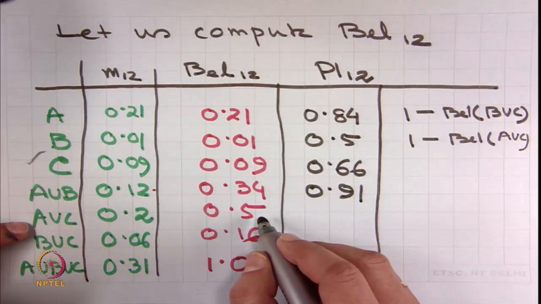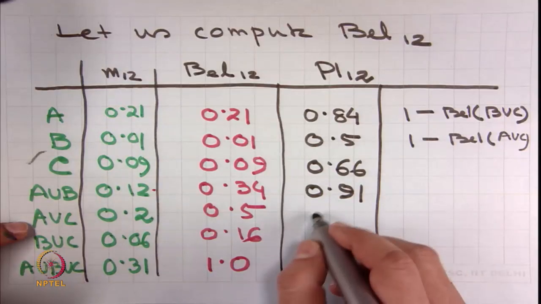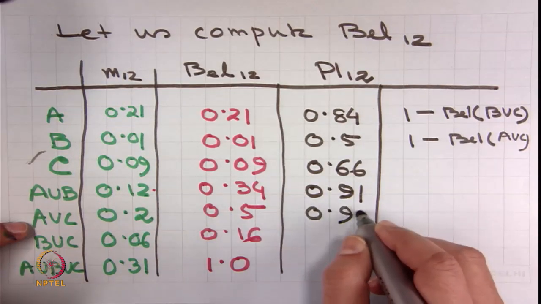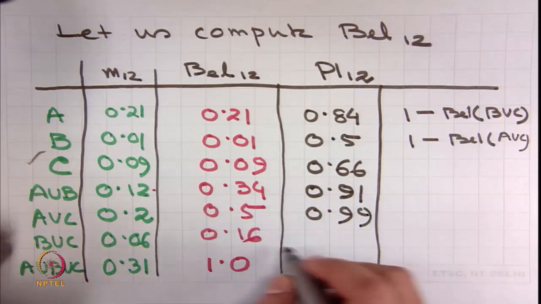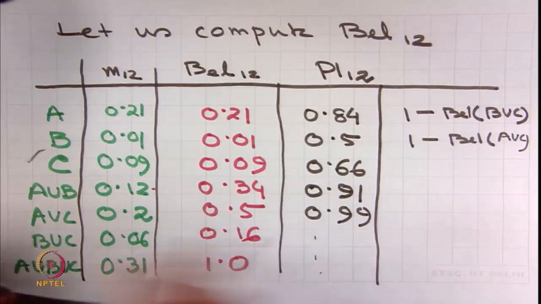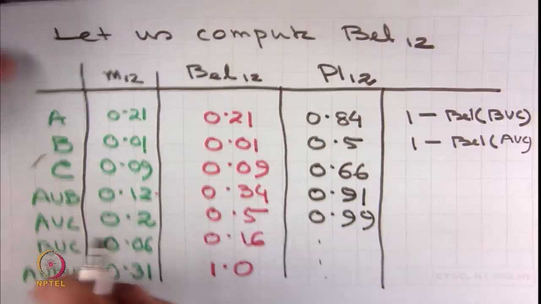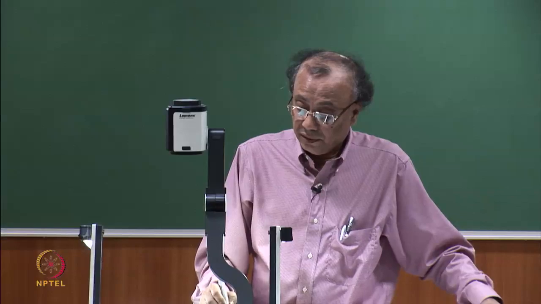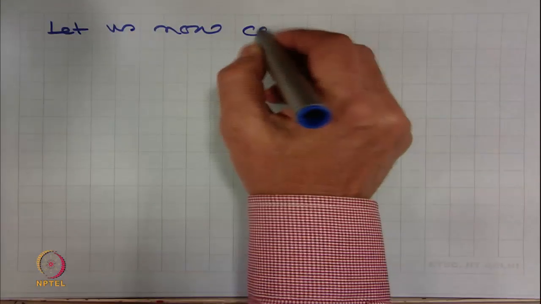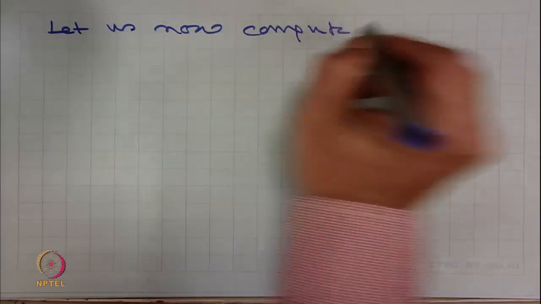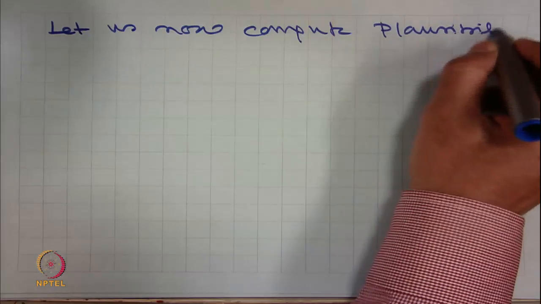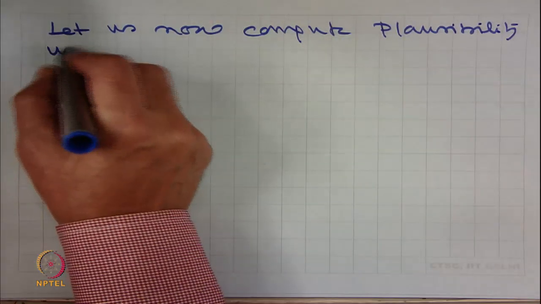Since A union C complement is equal to B, we are going to get 1 minus 0.01 is equal to 0.99, and similarly, we can calculate for other sets. So, let us now compute plausibility using the other formula.